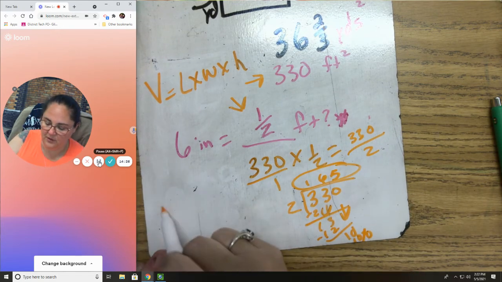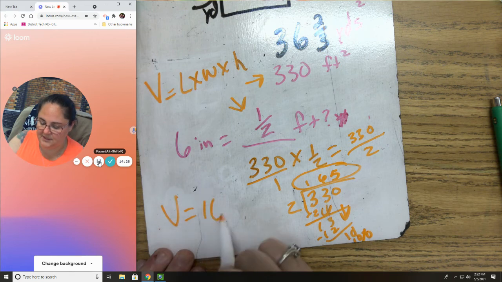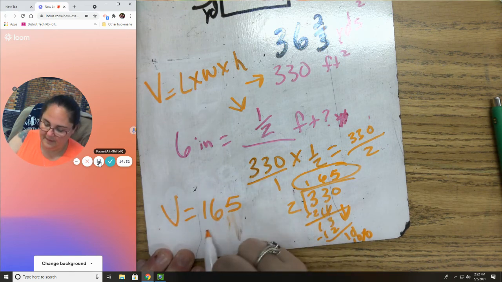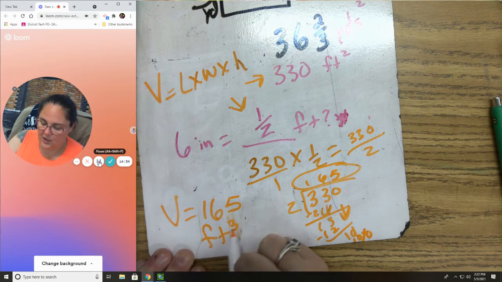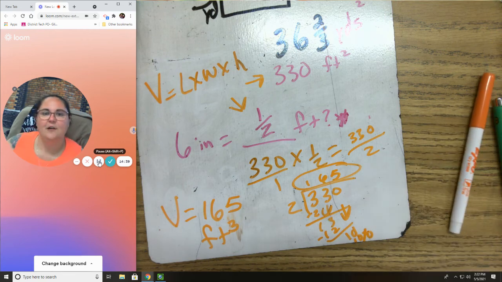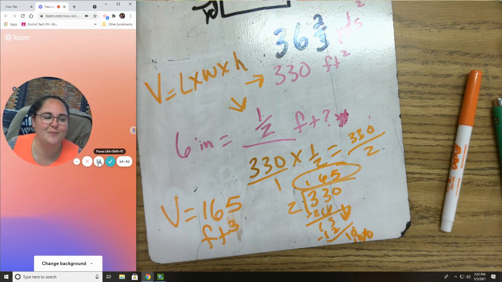So your volume would be 165 feet cubed. Cubic feet. Remember, volume is always cubed.